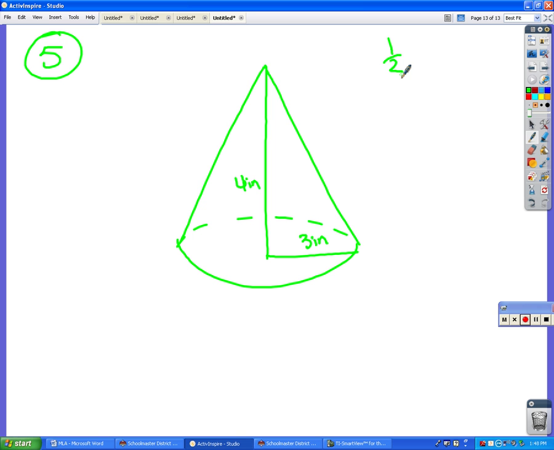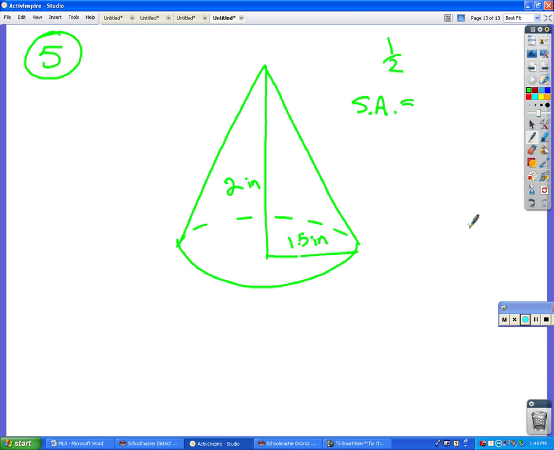Now we're supposed to figure out the volume and the surface area. We could use that relationship between sides, area, and volume, where the area is squared and the volume is cubed, but it's probably easier to just change these dimensions. If it's dilated by a scale factor of 1/2, what's the new height going to be? 2. And what's the new radius going to be? 1.5.